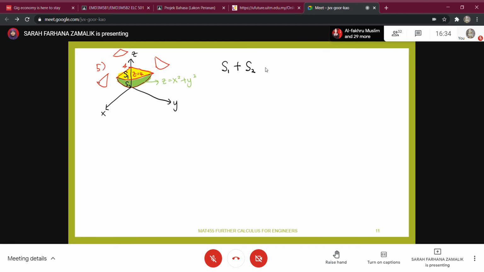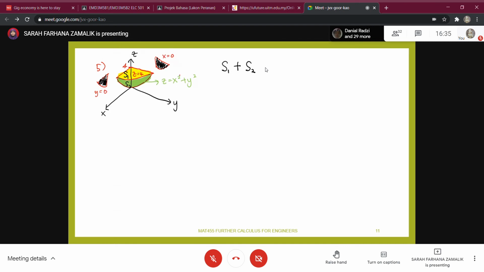Kenapa kita tak cari yang surface belakang ni? Yang tepi sebelah YZ dengan XY ni, kenapa kita tak cari juga? Because yes, itu surface 0. Okay, ini surface apa? Y equals to 0. Ini surface apa? X equals to 0.